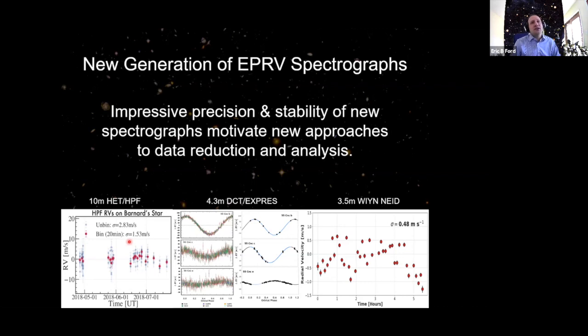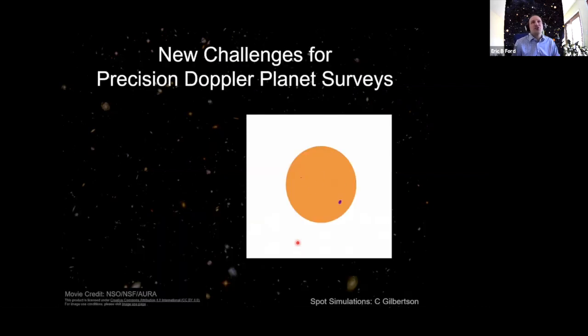Express and NEID, in the most favorable cases, you're seeing precisions of 30-something centimeters per second. And so that's exciting to see that now the instruments are capable of doing much better. But as the instruments have improved, that raised a new area of concern, and that is that the stellar variability is the limiting factor for most stars. There's a couple of effects.